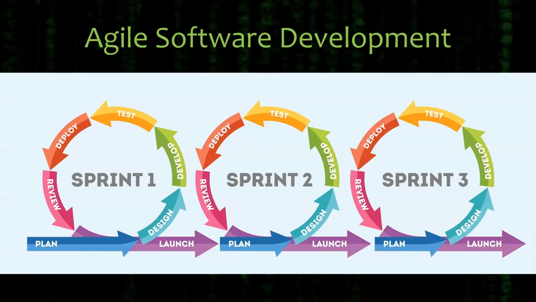So you will plan, design, develop, test, deploy, review, and launch, and you plan for the next part. So you can add features as you go, like a certain part of the features, or even a simple thing, depending on how long your sprint is. There are different ways that you can control your agile development.